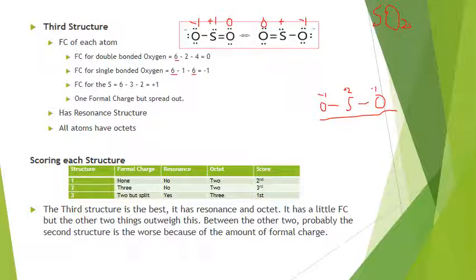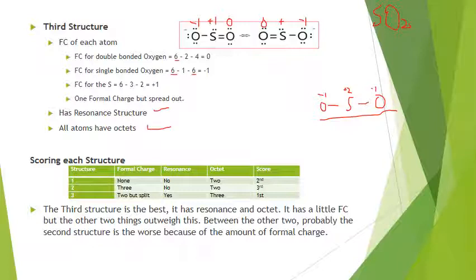Anytime you move charge, it makes it stable as well, because it's harder to find electrons. It has resonance structure, and all the atoms have an octet. So this oxygen 2, 4, 6, 8. Sulfur has 2, 4, 6, 8, and oxygen 2, 4, 6, 8.